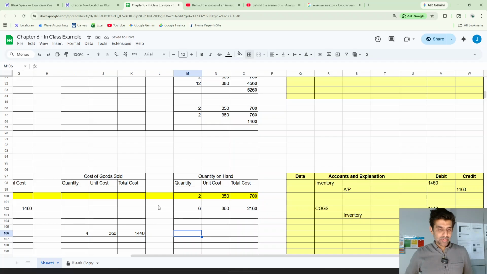Now how many units do we have left in inventory? We had 6, we sold 4, we have 2 left, same weighted average cost.